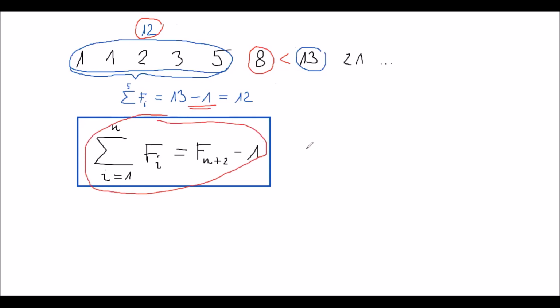So the Huffman coding's tree will look something like this. And so on and so on. It will be very long, like this.